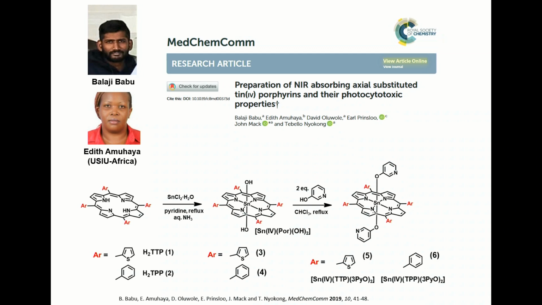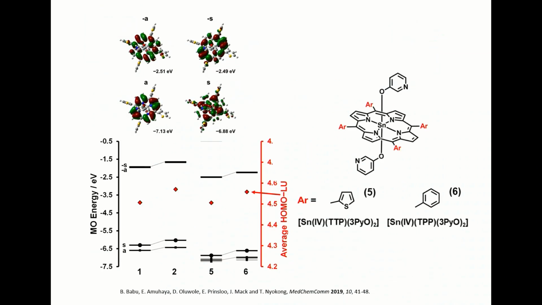I'm not going to belabor all the details here, but essentially we get a smaller HOMO-LUMO gap. And the big advantage of thiophene is that because it's five-membered, it can rotate more easily into the plane of the porphyrin ring. There's less scope for steric hindrance.